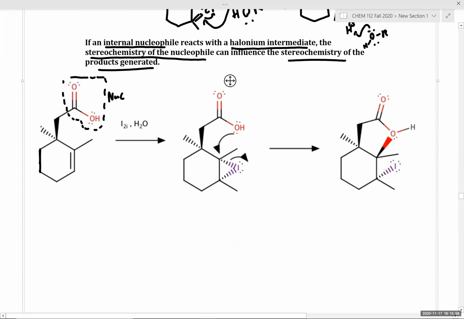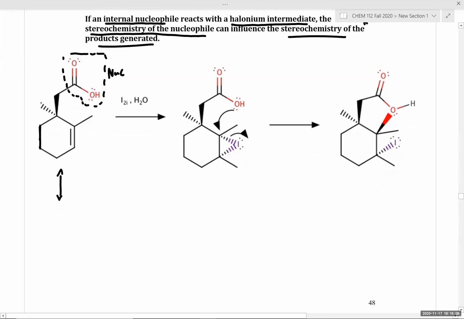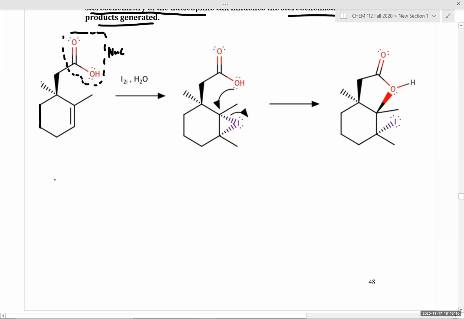Okay, so once we generate our halonium intermediate, let's think a little bit about some non-productive pathways here. So there are two possible halonium intermediates that we can make upon treatment with iodine. So we can either generate the species with the halonium intermediate pointing down, or the halonium intermediate pointing up.